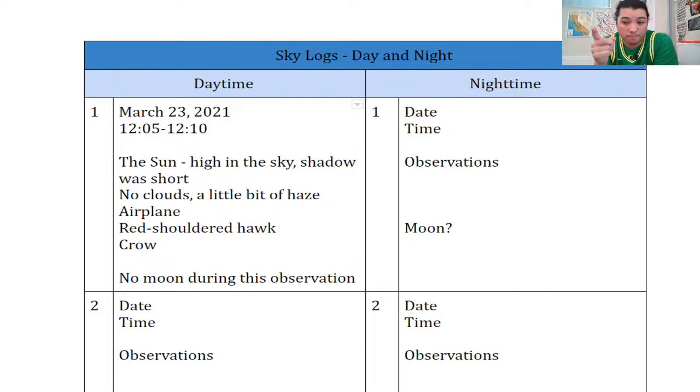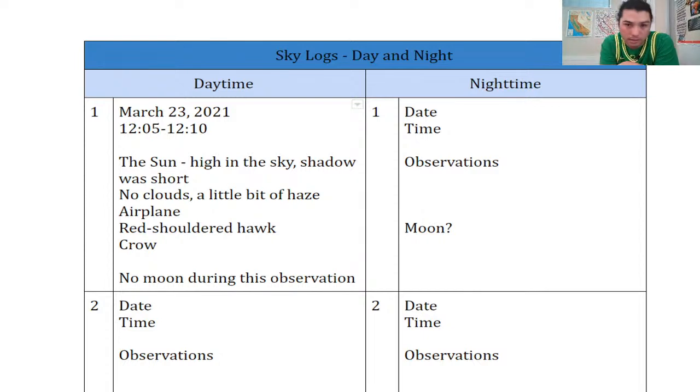Your job now: go to Google Classroom, pull up that Skylog, see what information you need, and then find a place to go take that first daytime observation. You don't have to take your device outside with you. You can take your science notebook out, make some notes, and then copy them into your Skylog. You can go outside for 1 minute, see something, run back in the house and type it up, then go outside again.